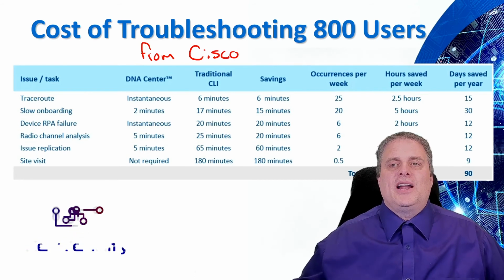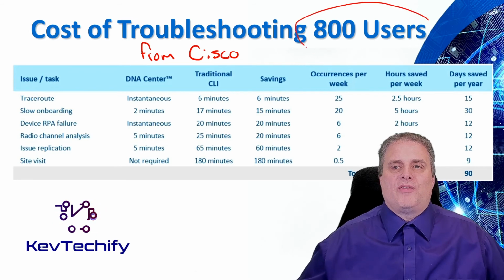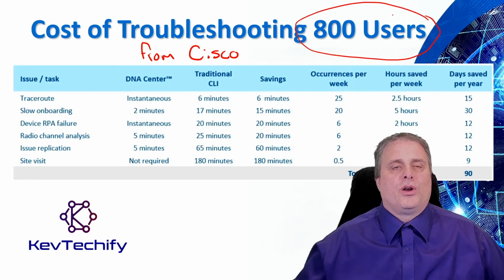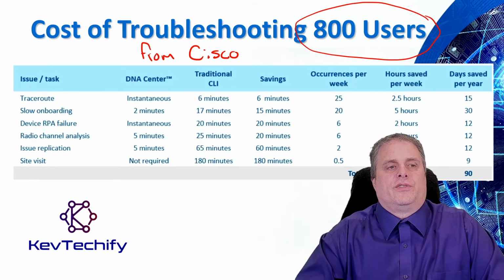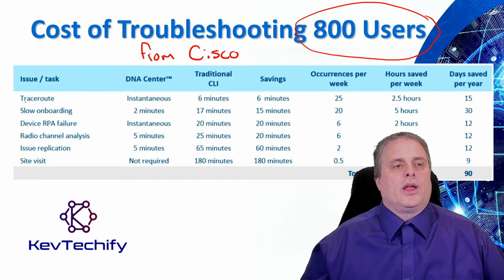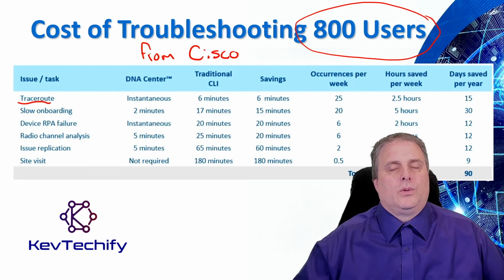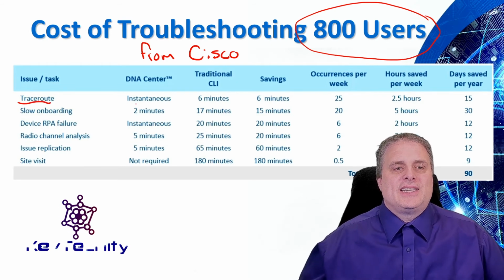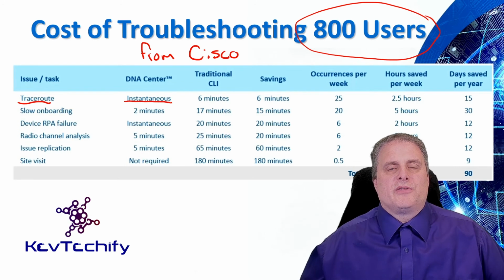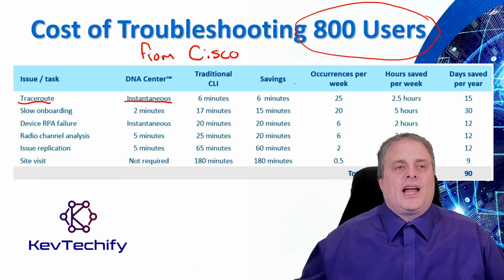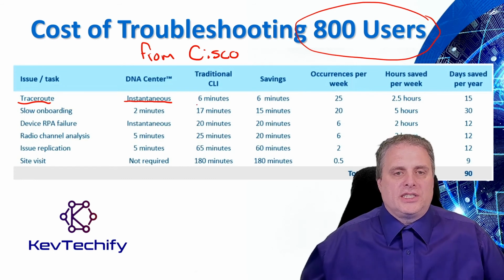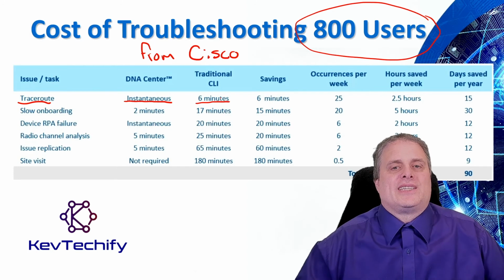What if you take 800 users on your network? You have 800 users you have to support, you have to troubleshoot. Let's look at this over the course of the year. Let's take something simple like traceroute. With traceroute and DNA Center, it's instantaneous. You get your results, you get your feedback instantaneously. With traditional CLI, doing traceroute, going through it, understanding it, seeing what's going on, they estimate it's going to take you about 6 minutes.